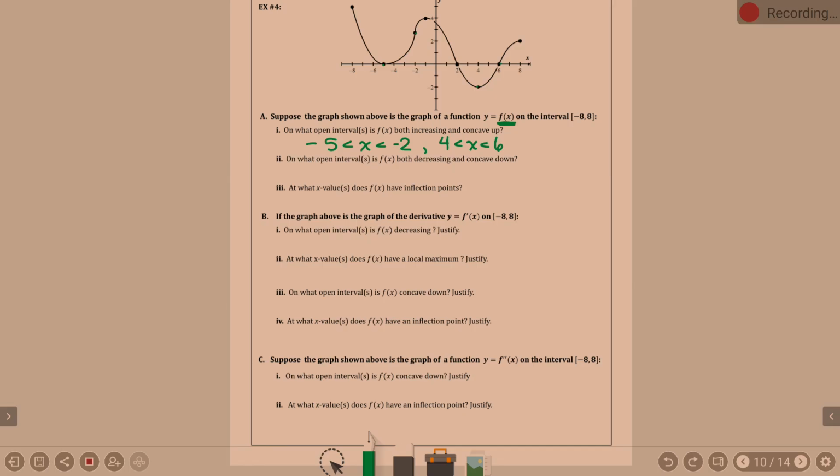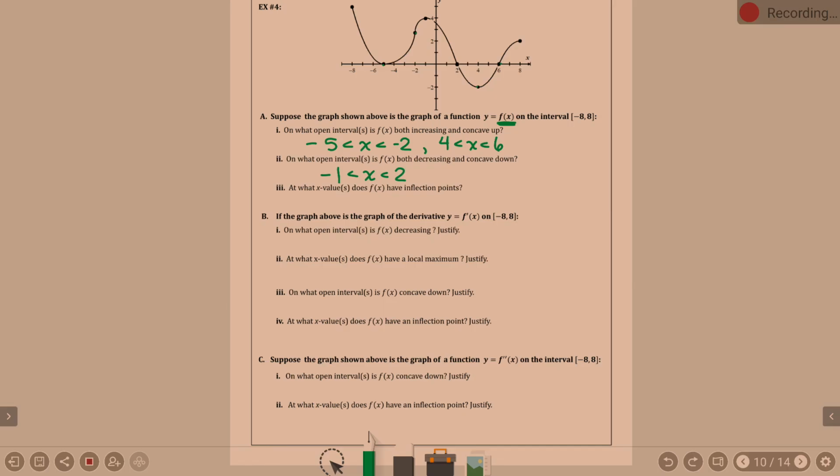I'll go with the -1 to 2. Okay, so 6 to 8, the problem is that one's increasing. We need decreasing. And -8 to -5 is concave up, and we need concave down.